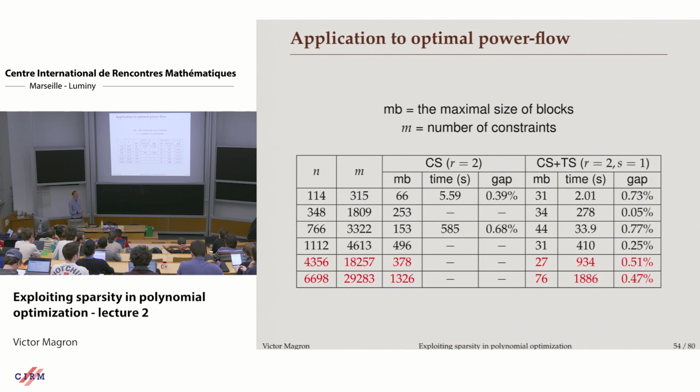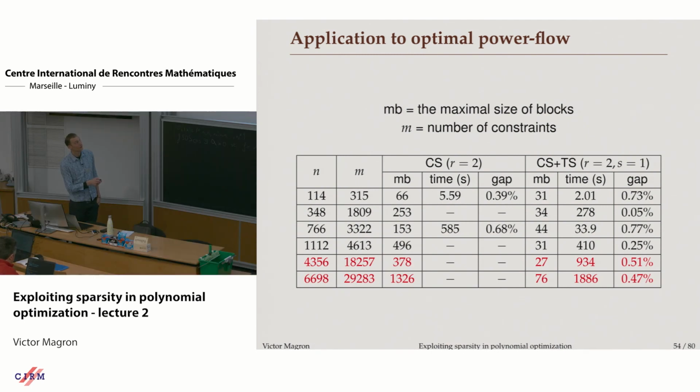And here I took the very first relaxation in the two-level hierarchy. I suppose you tried to increase it? It crashes immediately. So, no, of course, for this kind of problem, we don't have an explanation.